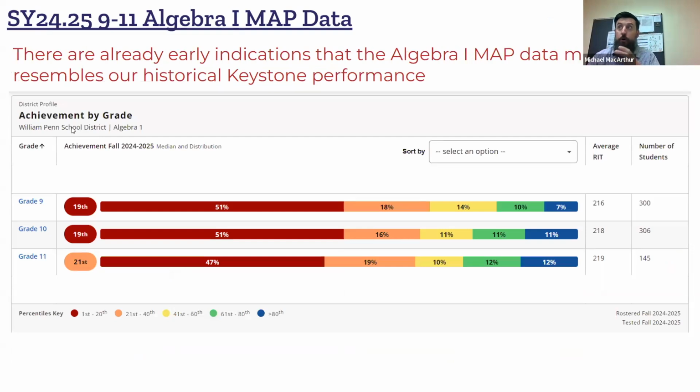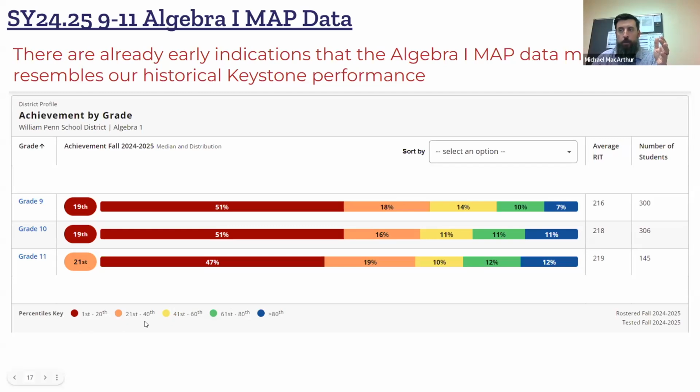So here is our 9 through 11 Algebra 1 MAP data. We're back to looking at achievement levels, but instead of looking at or above benchmark, we're looking at quintiles. Quintiles just means we split the 99 points of a percentile rank into 5 groups. The red represents 1 through 20.